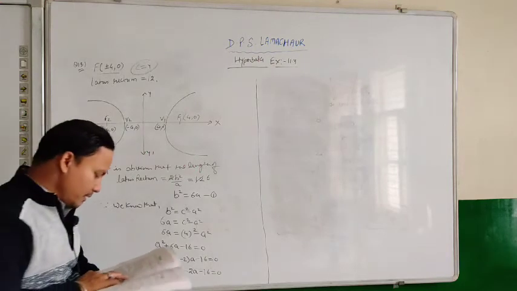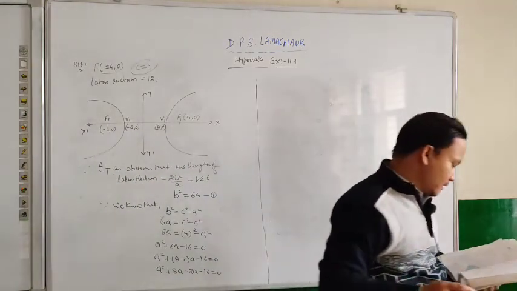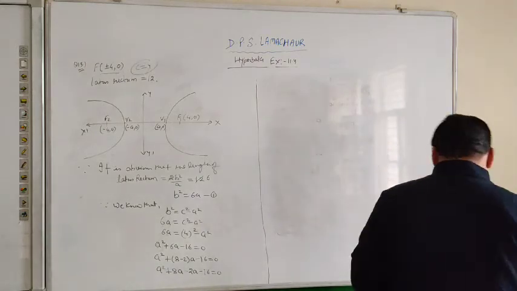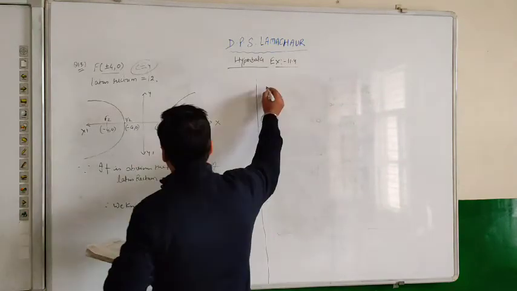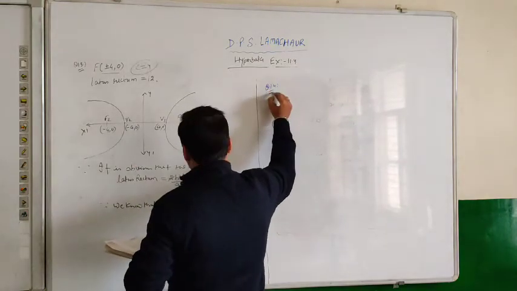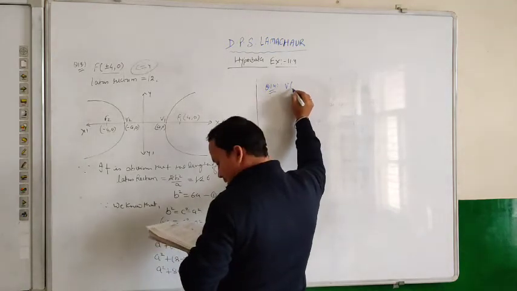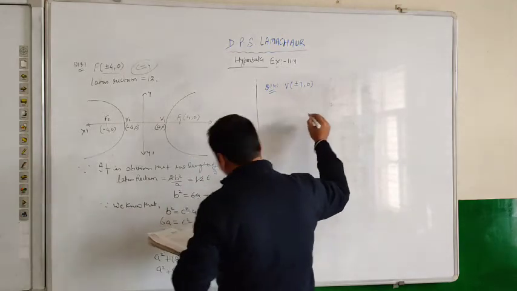Here we have been given the coordinates of the vertices and the eccentricity. Sorry, question number 13 has been done. So the vertices are given as plus minus 7 comma 0 and e equal to 4 by 3.